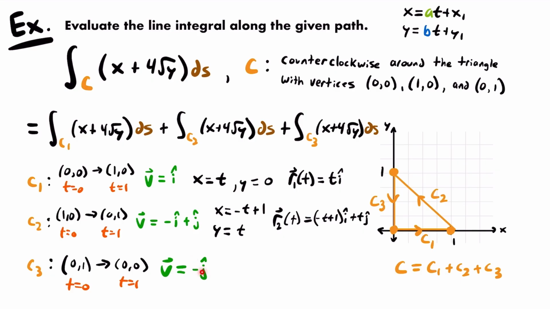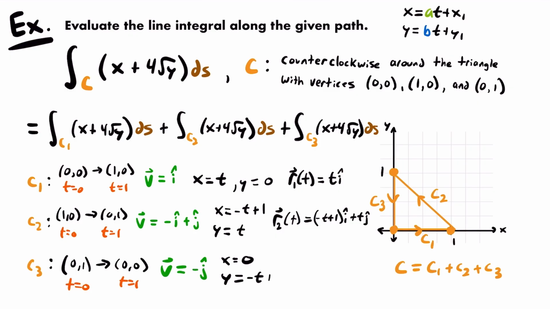And so using that to set up the parametric equations, x will just be equal to 0 because a, the x component of the direction vector, is 0. And then the x coordinate of the initial point is also 0. So x is just equal to 0, and then y is equal to b times t, where b is negative 1, so we'll have negative t plus the y coordinate of the initial point, which is 1.